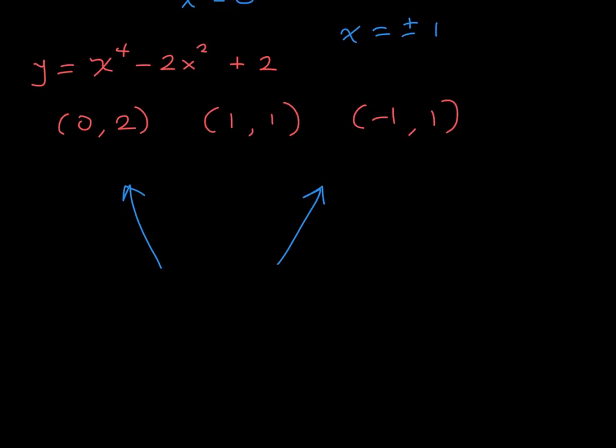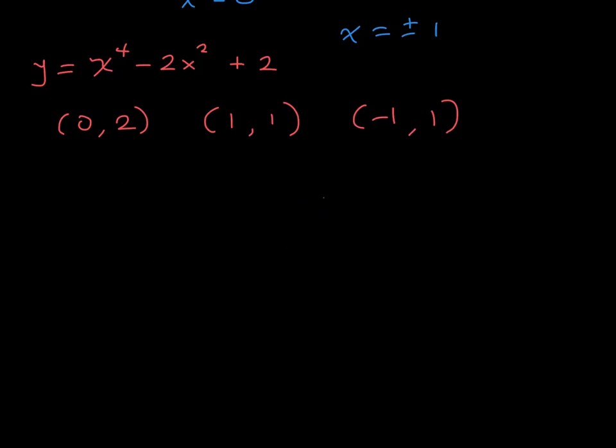With more investigation, you can find the zeros of the function, and you'll find that there are no real number solutions for this polynomial, meaning that there are no x-intercepts. Let me see if I can erase this end behavior really quickly.